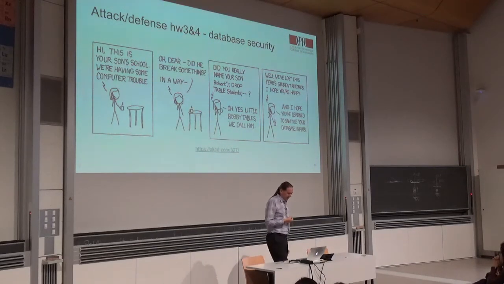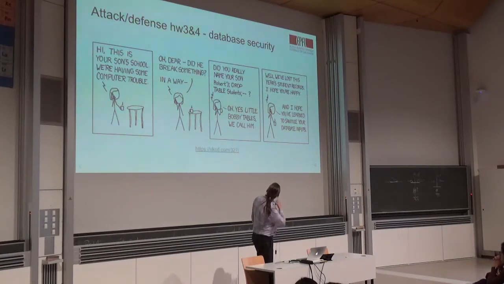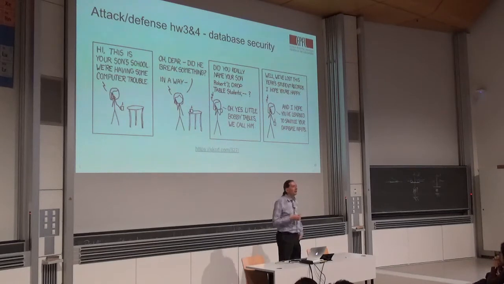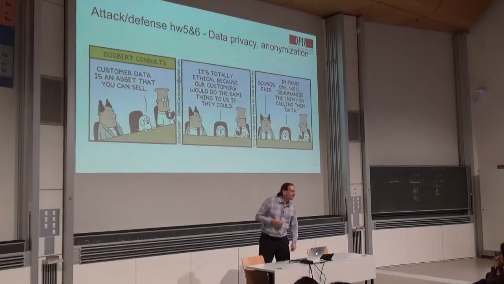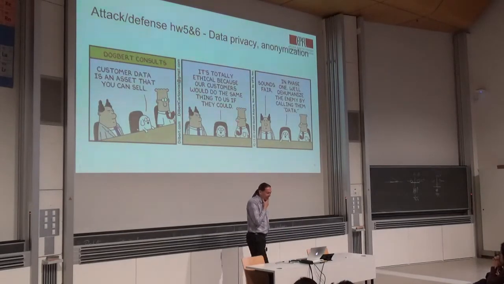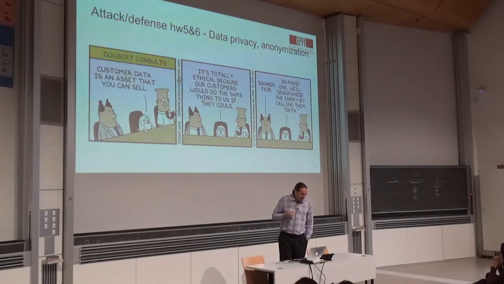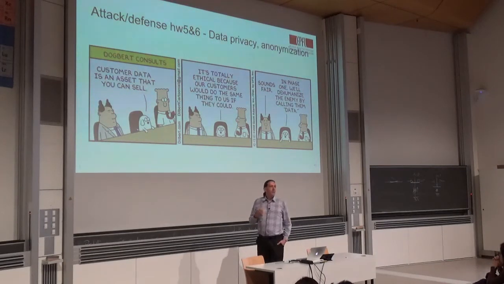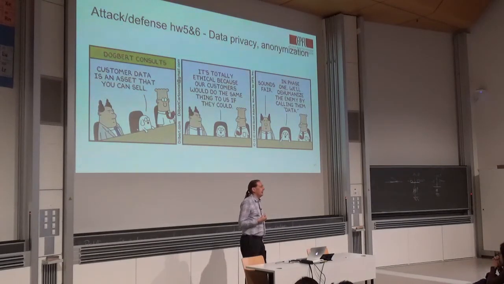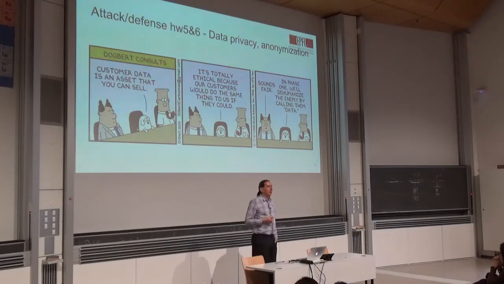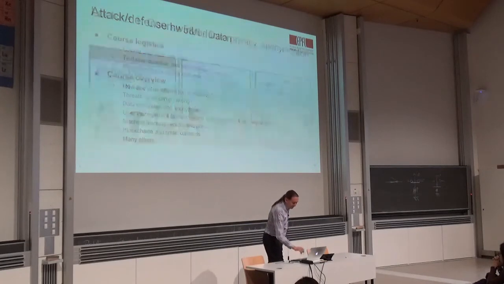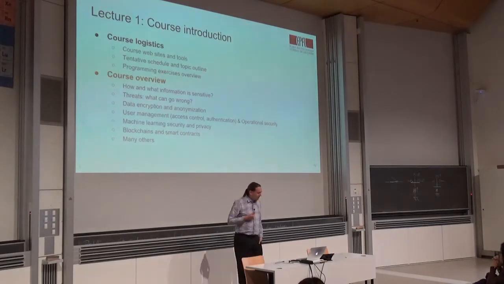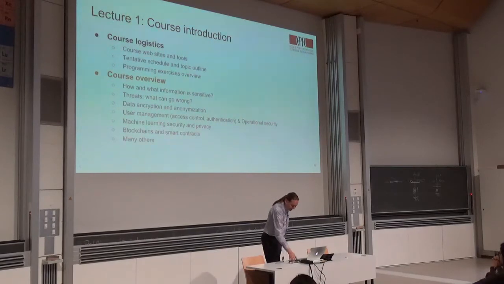We won't have you using the $5 wrench attack because it's just not as much fun, but we'll have you trying plenty of other attacks. Finally, homework 5 and 6 will focus more on data itself: data privacy, anonymizing and de-anonymizing data. All right, that's the general shape of the course.